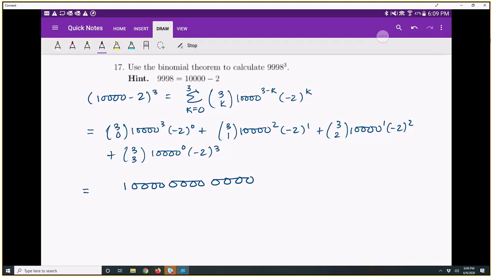Negative 2 to the 0 is 1. Plus 3 choose 1 is 3 times negative 2, so negative 6 times 10,000 squared. So that should be minus 6 followed by 8 zeros.